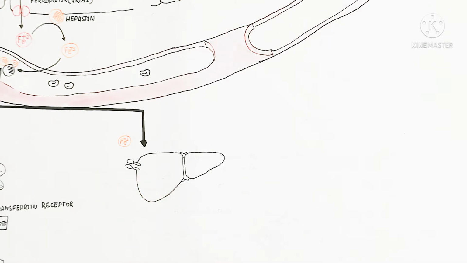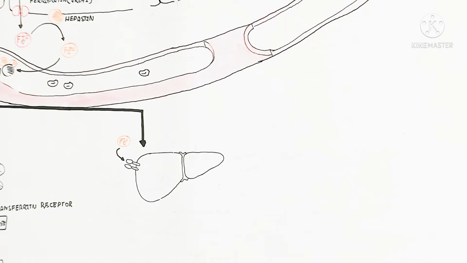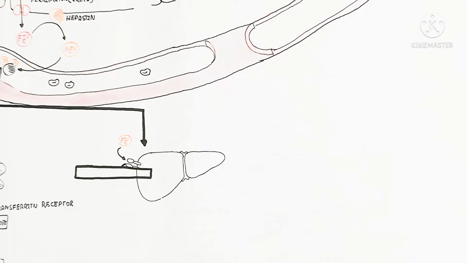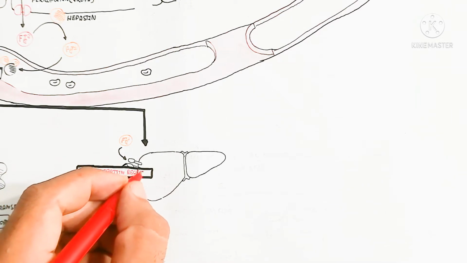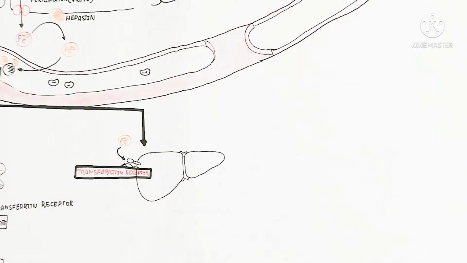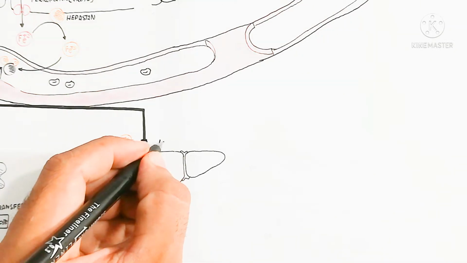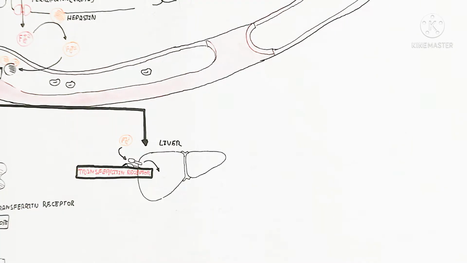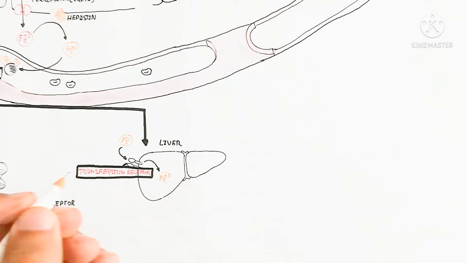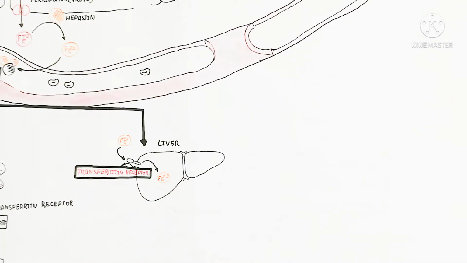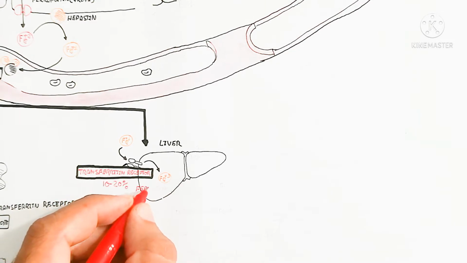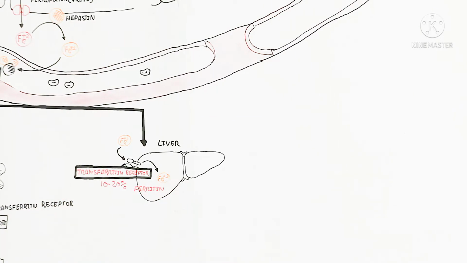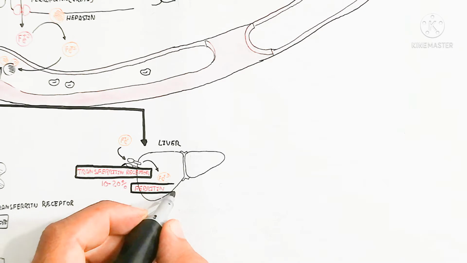So here is the liver. The second route is the movement of apotransferrin into the liver, where it gives away the ferrous to the liver, where the transferrin receptors are present, which allow the movement of 10 to 20% of the ferrous.